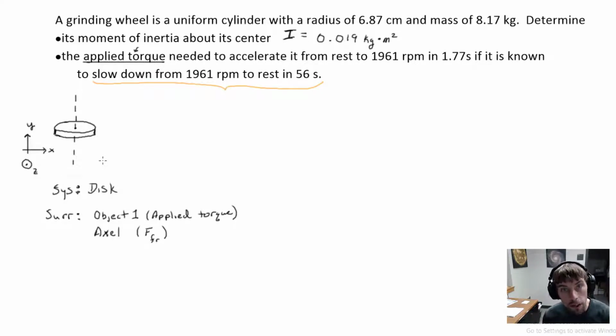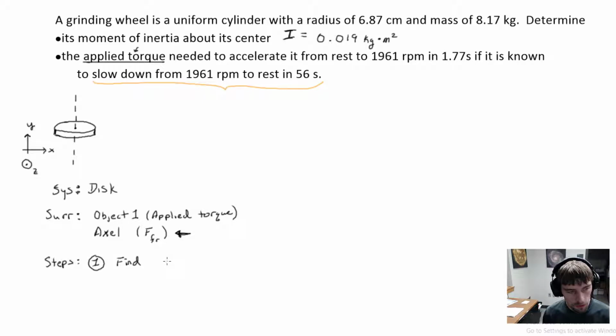So let's now plan out our steps. Now that we've got this, let's think about what steps we actually need. The first one I think of is I need to find something dealing with this frictional force. I need to somehow characterize this frictional force, and that will then allow me to find the applied torque.